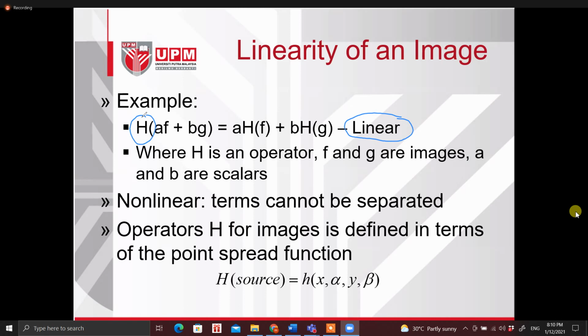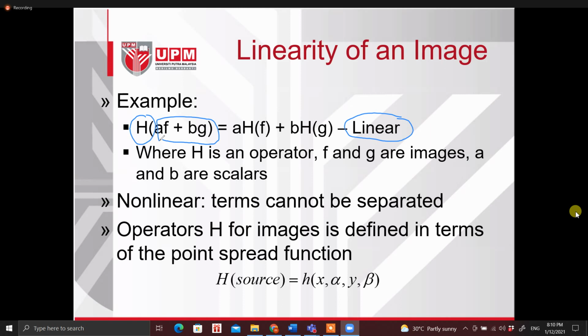H changes the whole quality of the output image, aF plus bG, whereby F and G are images, and a and b are simple scalars or multipliers.